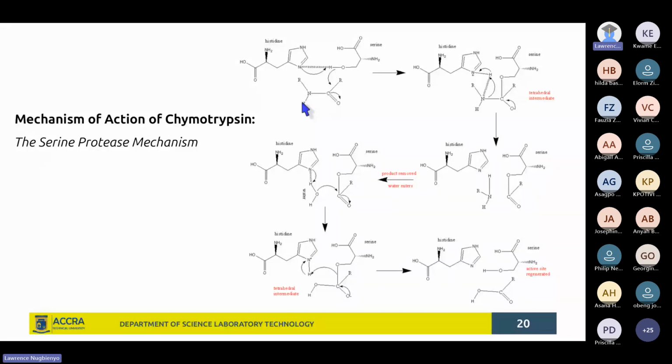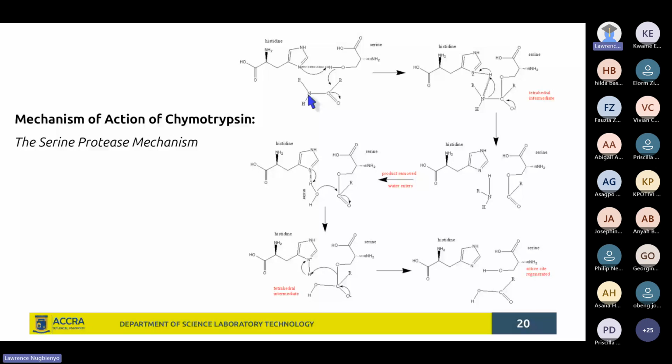And here again, that peptide bond is what is being depicted, the bond between the carbon and the nitrogen. The carbon is the C terminus of one of the amino acids in that peptide bond, and that nitrogen is the N terminus of the second amino acid.